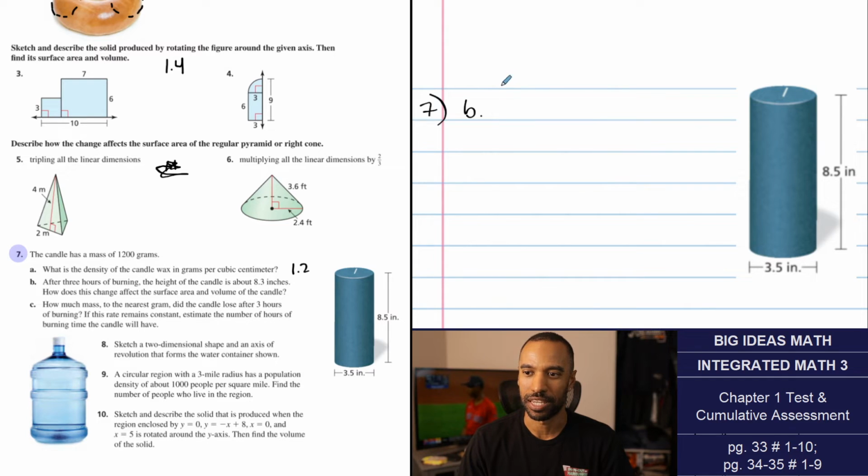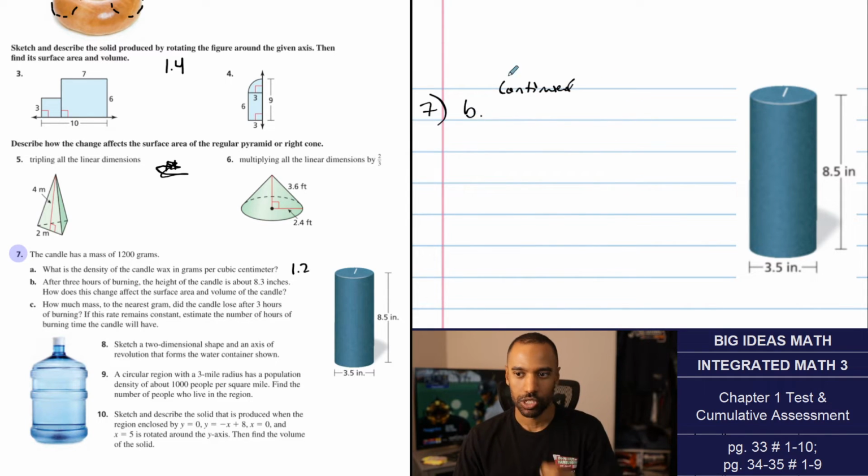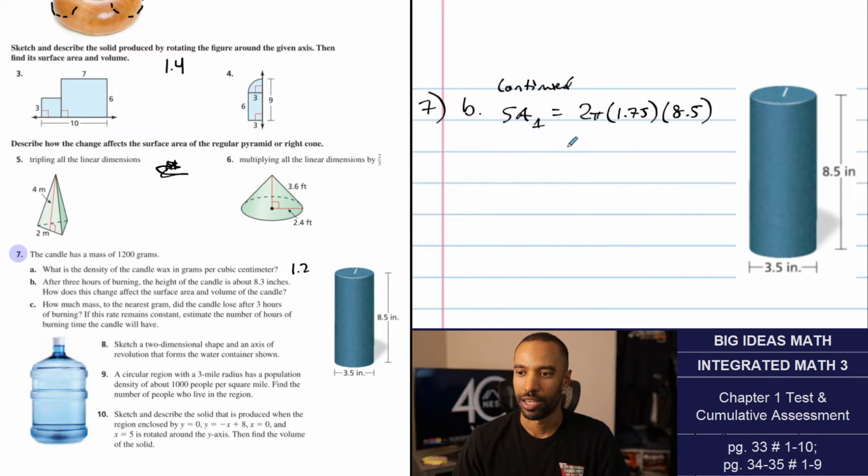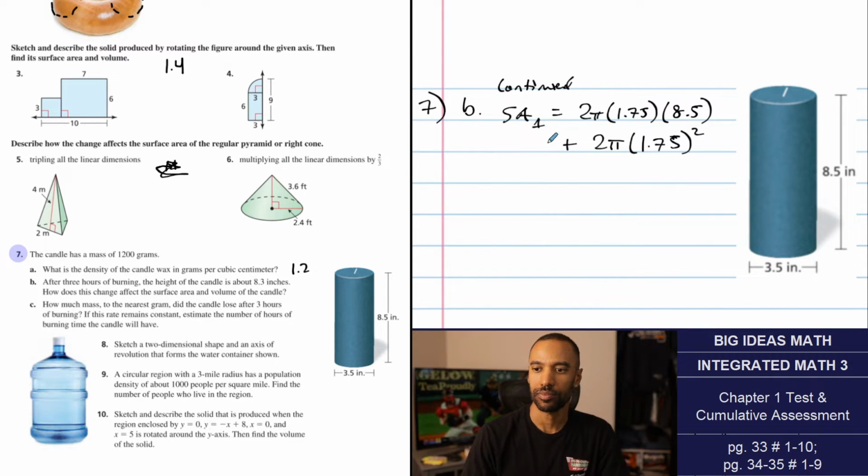Anyway, so this is part B continued. All right, let's talk about surface area comparison. So surface area of object 1 is circumference, 2 pi r times height, plus 2 pi r squared, the area of both bases.